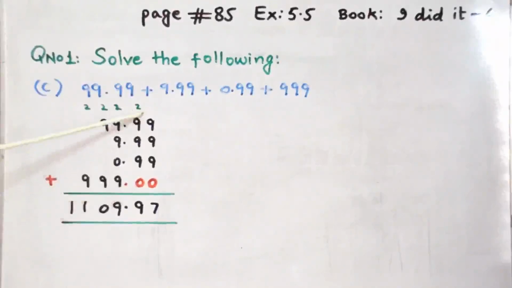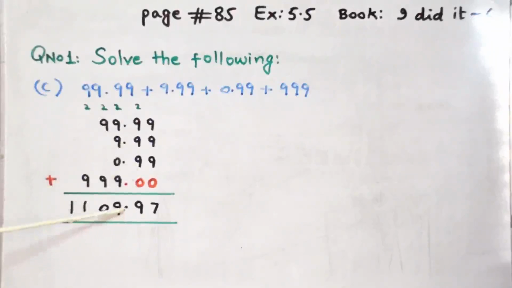Now add these numbers. 9 plus 9, 18, 18 plus 9, 27, 7 is here, 2 is carry. 9 plus 2, 11, 11 plus 9, 20, 20 plus 9, 29. 9 is here, 2 is carry.